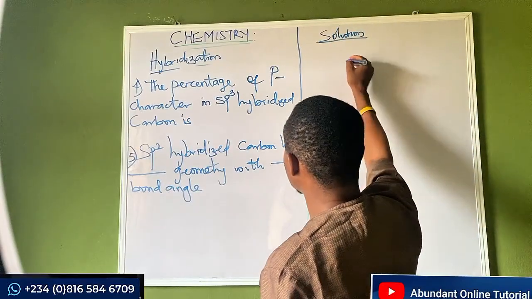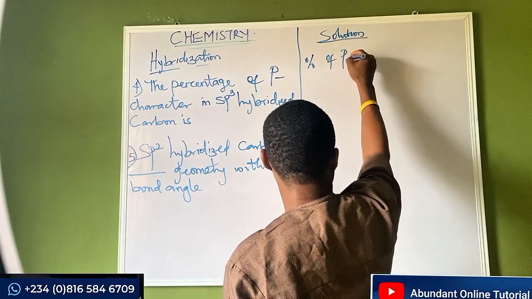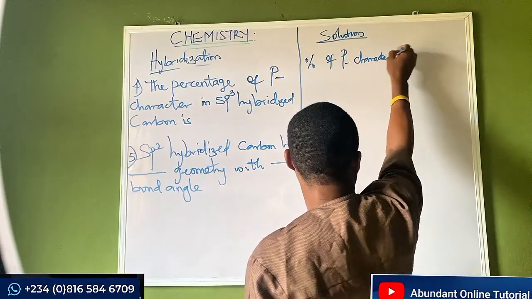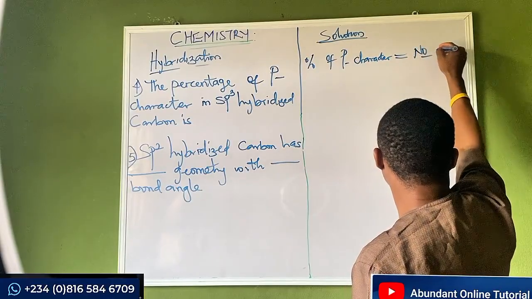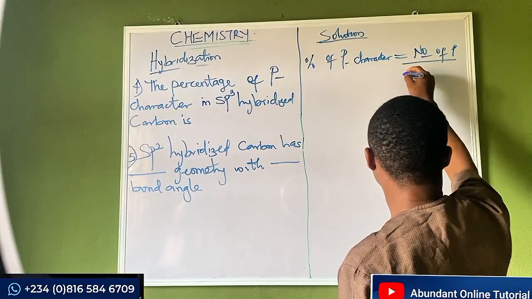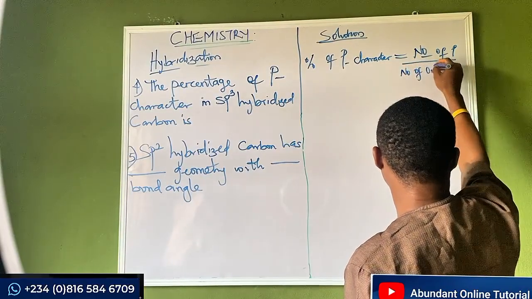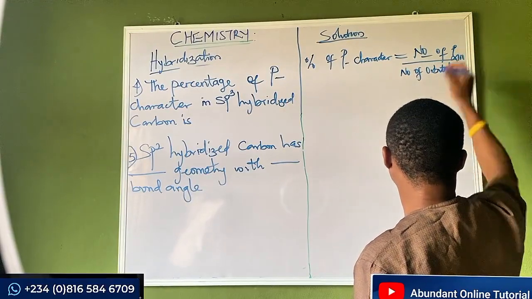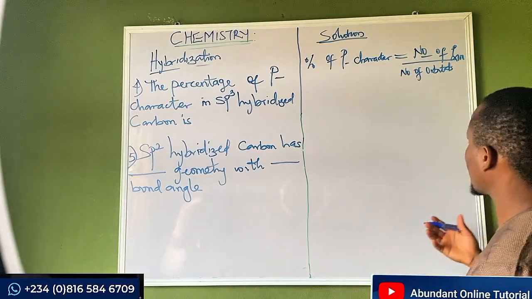To solve this, the percentage of P character, which is what we are looking for, is equal to the number of P all over the total number of orbitals, times 100. You know, percentage is always times 100.